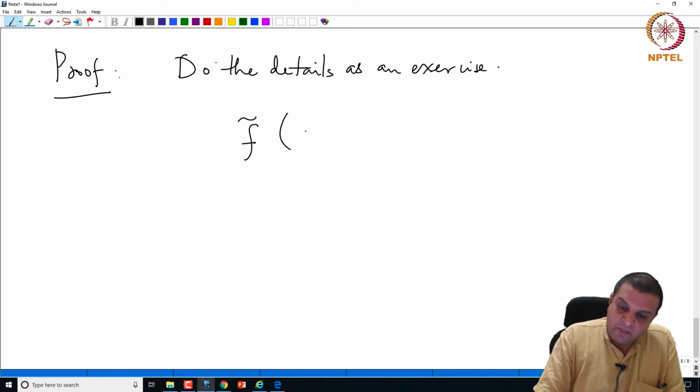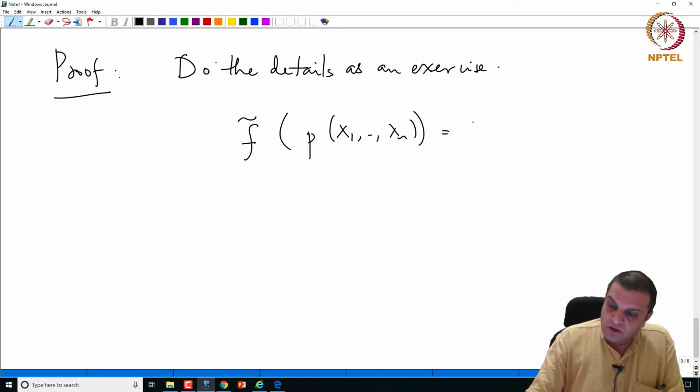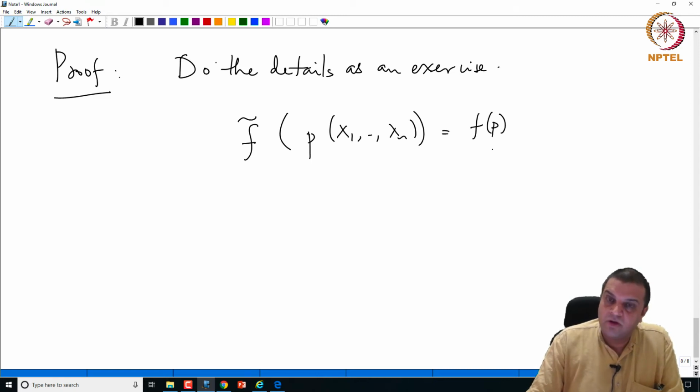So define f tilde of a polynomial P of x1 through xn to be: you first apply f to the coefficients of P, and then you apply that to s1 through sn.